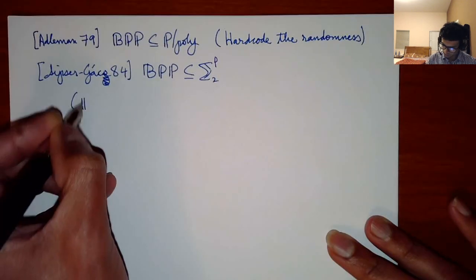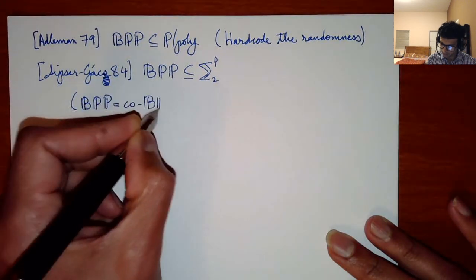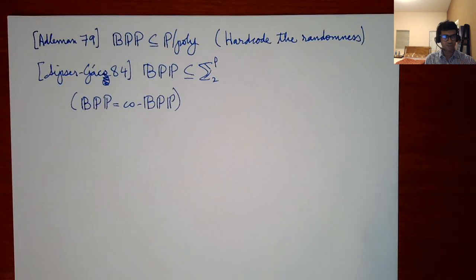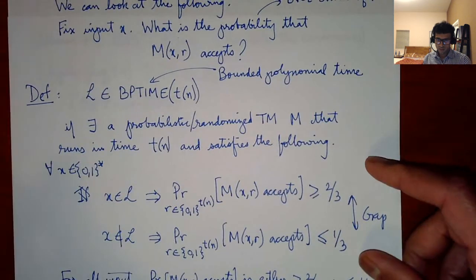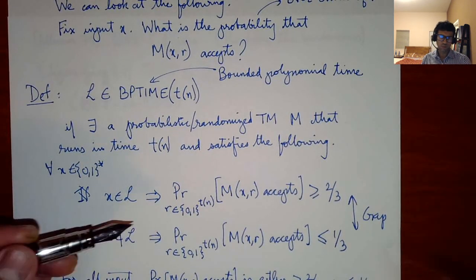So BPP is equal to co-BPP. BPP is closed under complementation. And the reason is the 2/3, you can flip it. You can see that the definition of BPTIME is entirely symmetric. You can flip accept and reject.